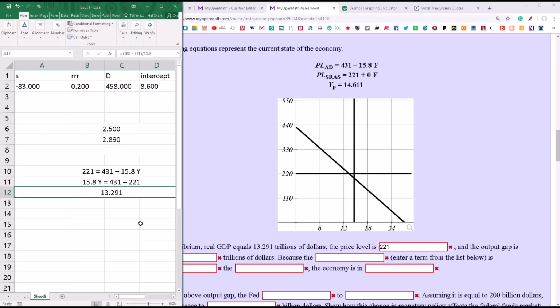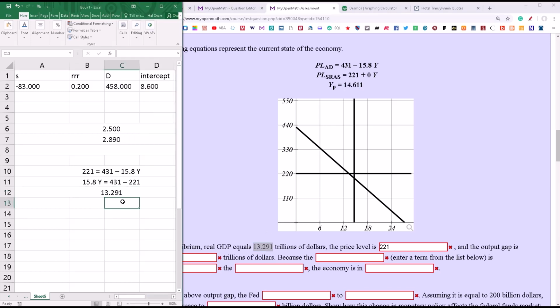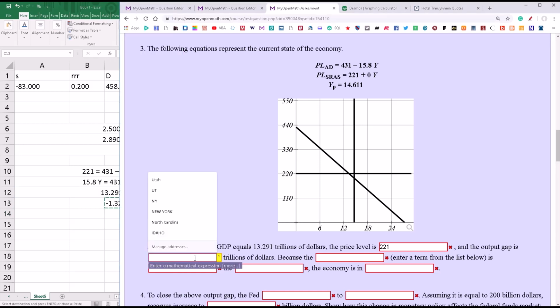The output gap is the difference between GDP and potential. So the output gap is GDP minus potential, which is 14.611. So the output gap is negative because we're in a recessionary gap.